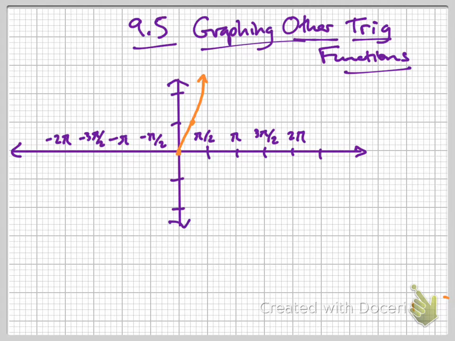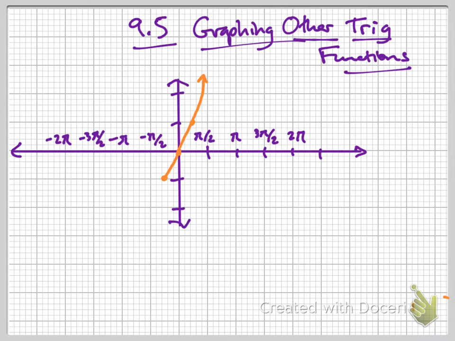Let's start by going the opposite way. At negative 45 degrees or negative pi over 4 radians, we're going to have the exact same relationship except negative, because my cosine is positive but my sine is negative.